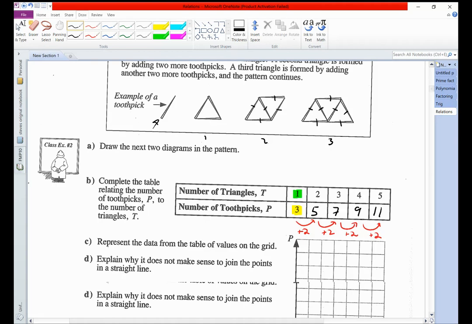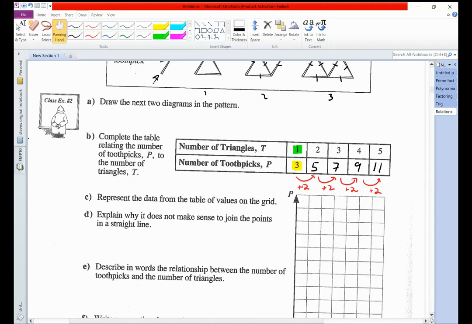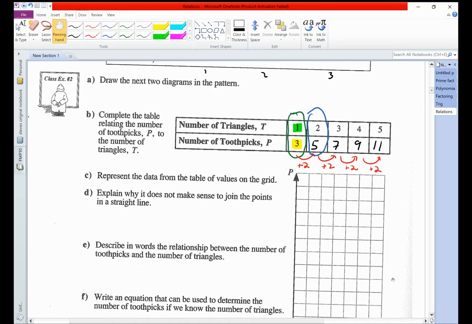Awesome. So what we've done here is we've used a horizontal table to create sets of ordered pairs or coordinates, right? So we are going to represent this data on a graph.